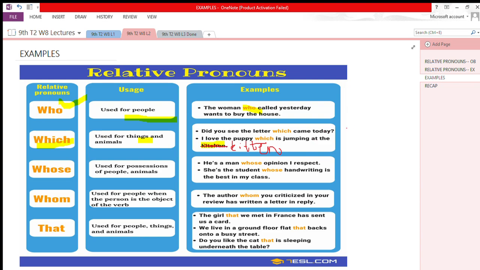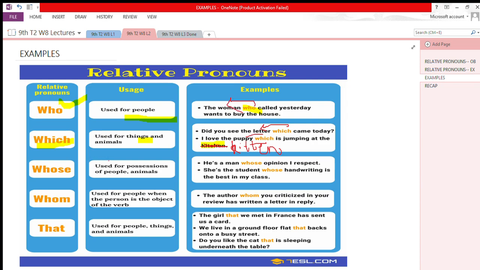Now see, which refers to puppy. Which over here also refers to letter. The woman who called yesterday, who refers back to woman.